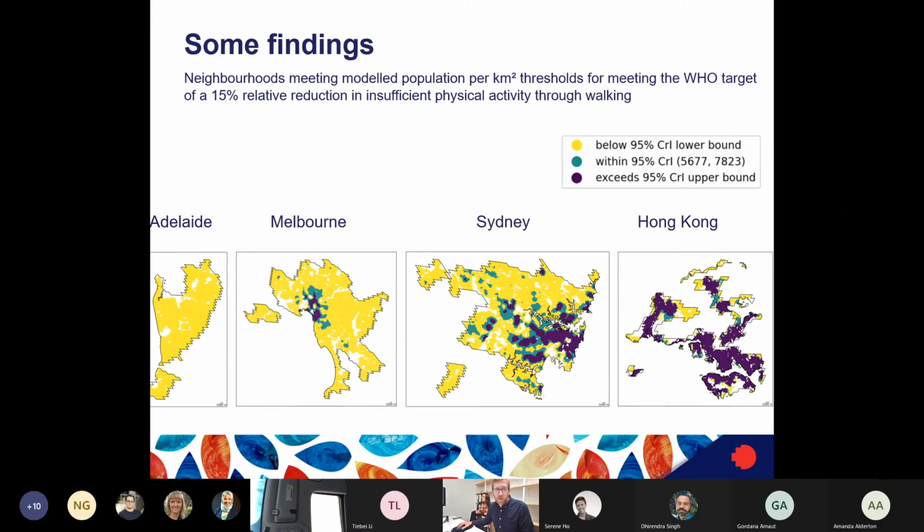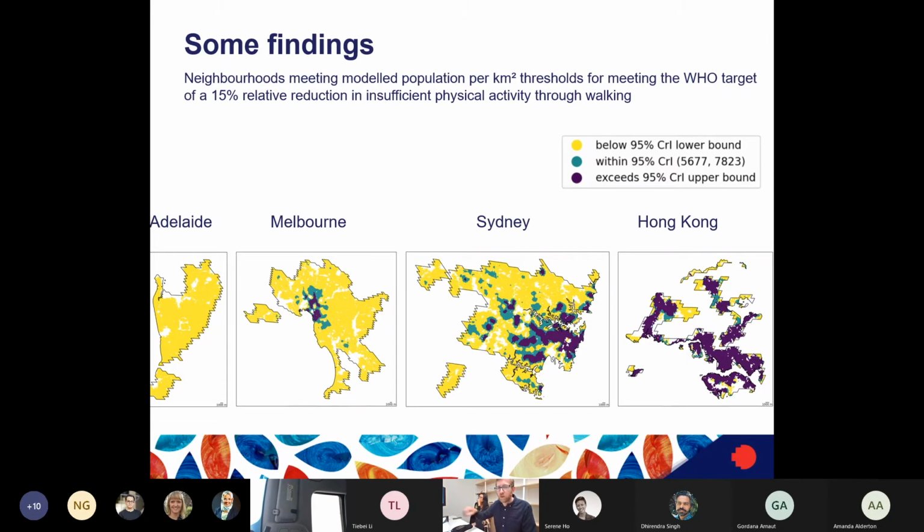That is also reflected in the thresholds work. Here we're looking at maps of neighbourhoods meeting modelled population per square kilometre thresholds, which are modelled from the IPEN data, for meeting the World Health Organization target of a 15% relative reduction in insufficient physical activity through walking. The threshold which was modelled for this was above approximately 5,000 persons per square kilometre for a local 1,000 metre walkable neighbourhood.